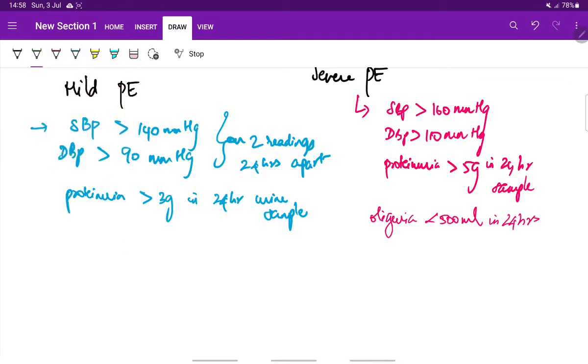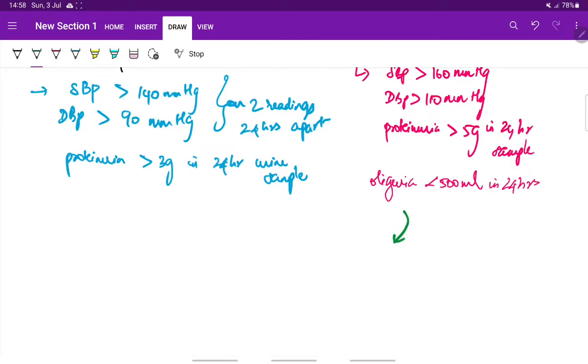In case of severe preeclampsia, there can be some danger signs.